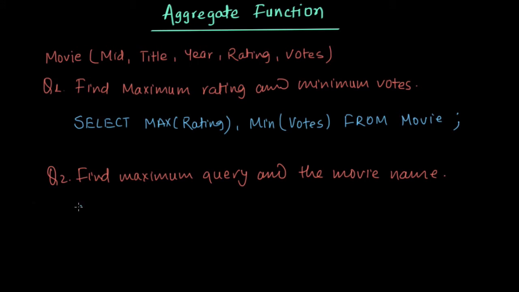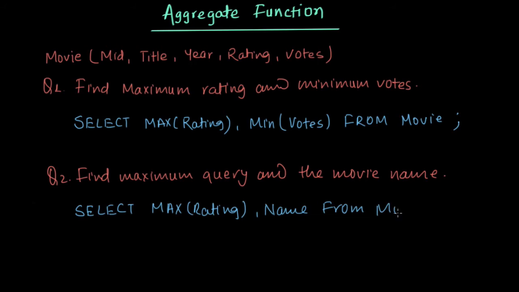We will write select max of rating and title from movie. It seems to be correct, but it is wrong. Let's run it on the terminal and see the output.